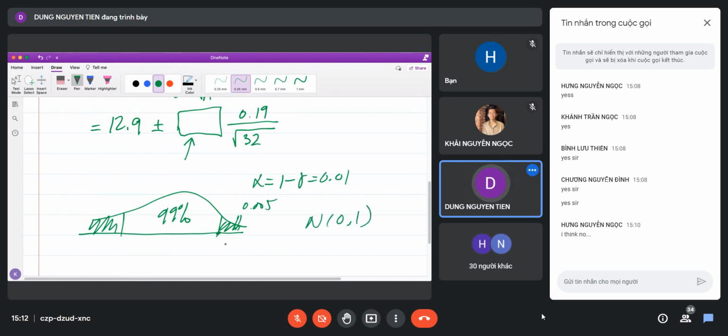So this point is simply 2.58. Is that all clear, everybody? Please ask me if you have a question.